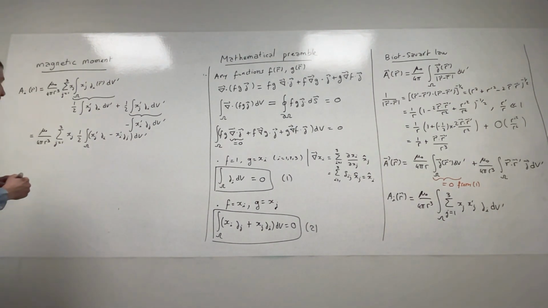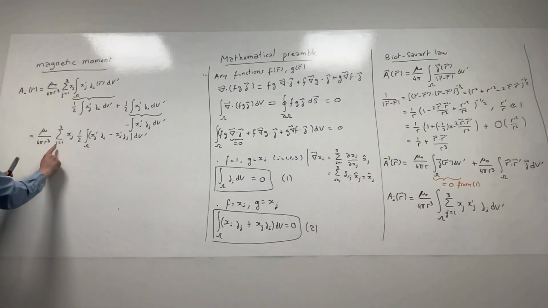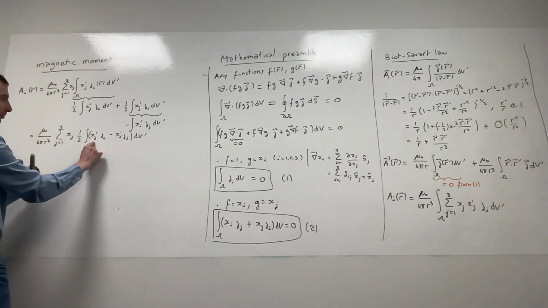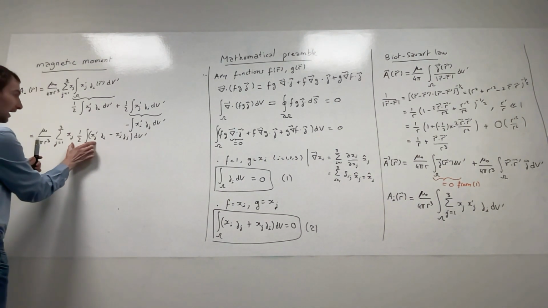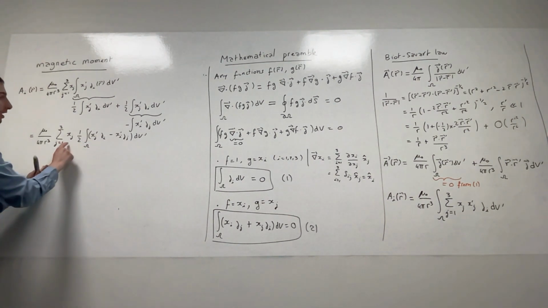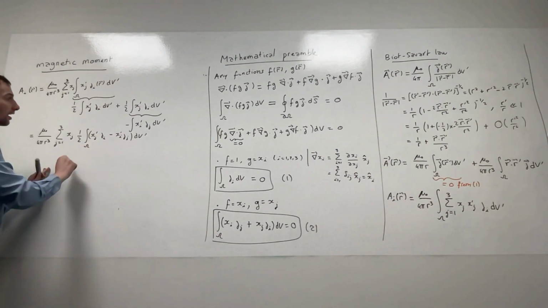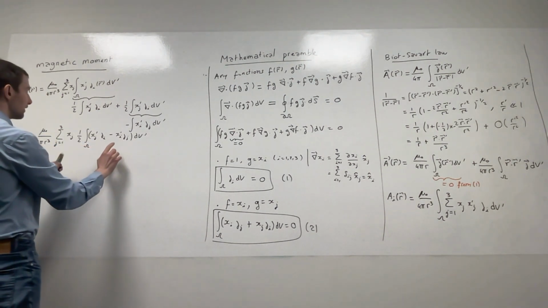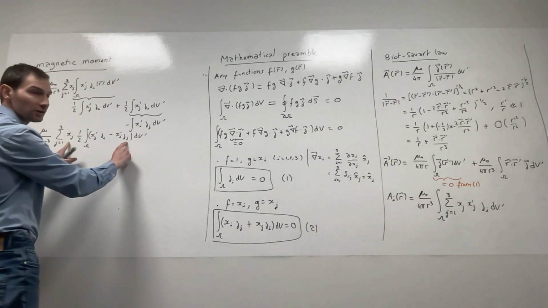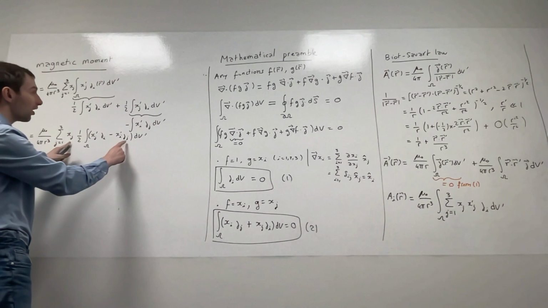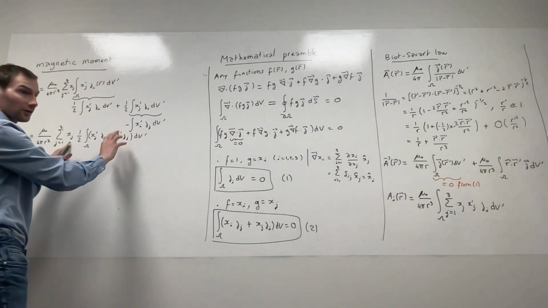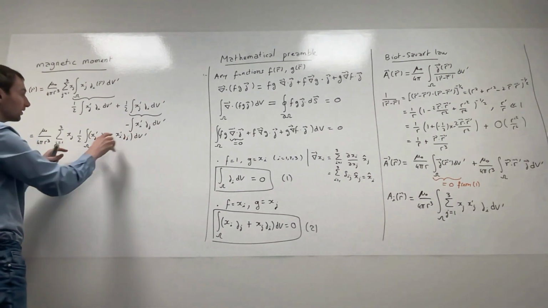What you notice is that here I've got a sum over j of x_j x prime j. This sum corresponds actually to the dot product between r and r prime. Likewise here I actually have x_j with j_j, and this particular sum corresponds to the dot product between r and j, again j evaluated at r prime, so within the integral.